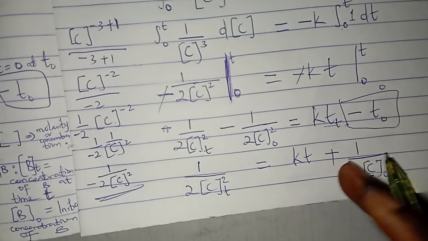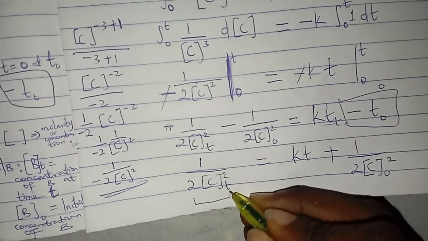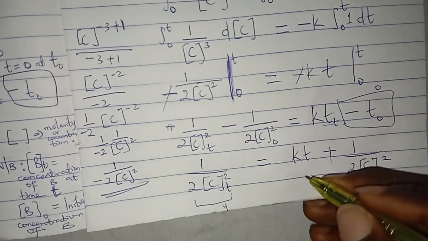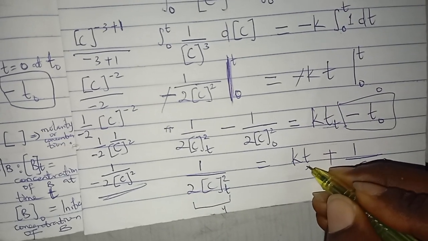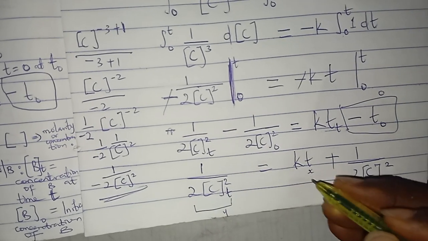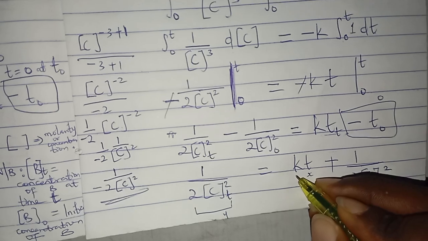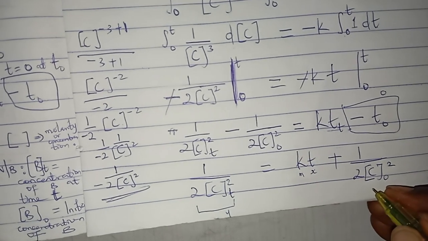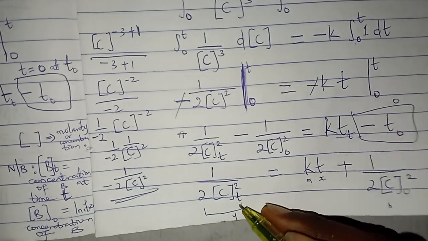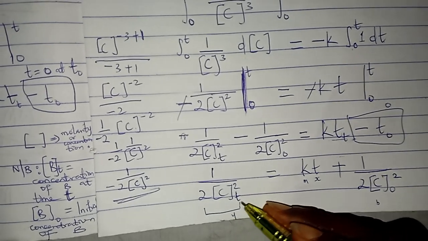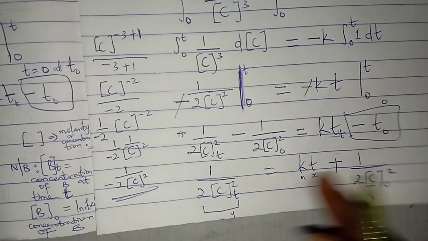Notice why I did it this way: what I have here can represent y, and what I have here from line equation can represent x. If I'm doing concentration against time, then this one can represent m, the slope, and this one the intercept. But our goal is to always make the concentration at a particular time the subject of the formula.